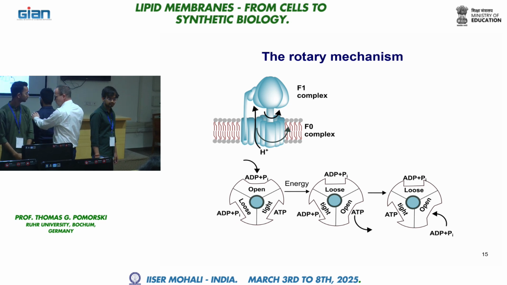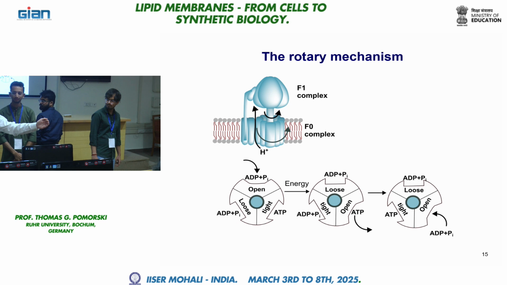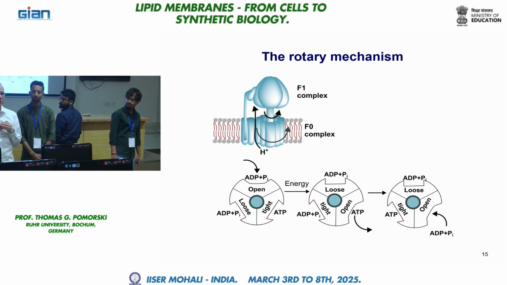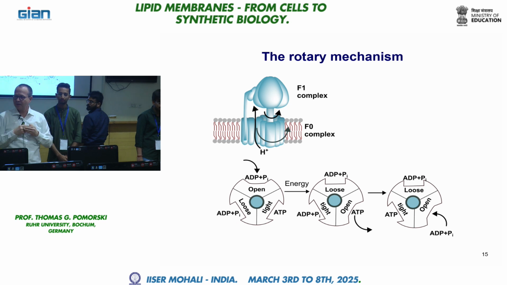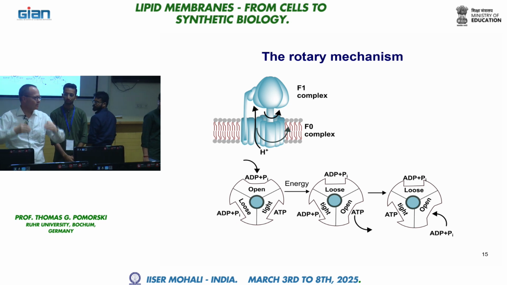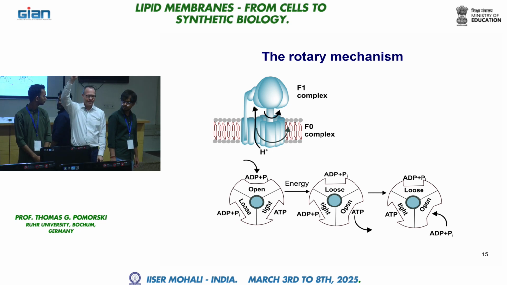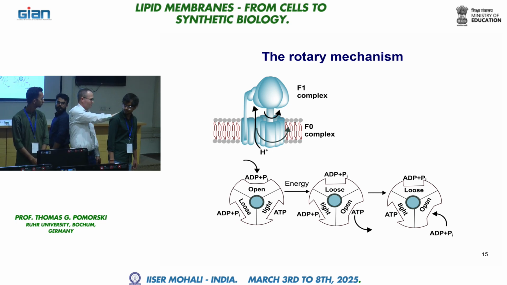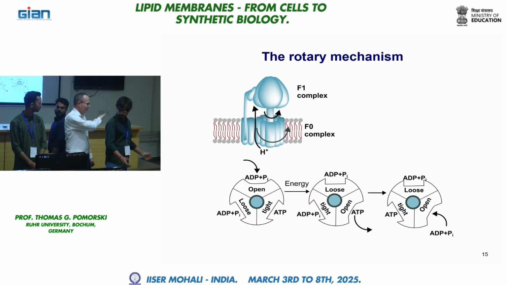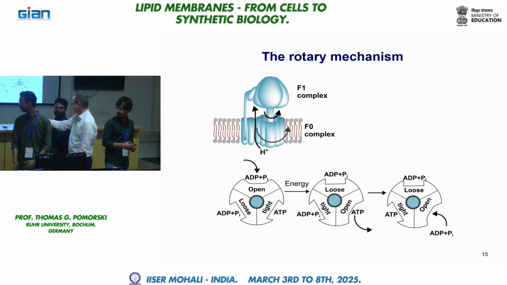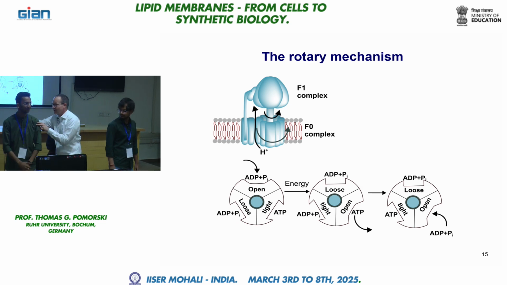So what they all can do is they can bind ADP, phosphate, and combine it. But they would only do this type of movement. And then I can change the conformation. You do your own job.